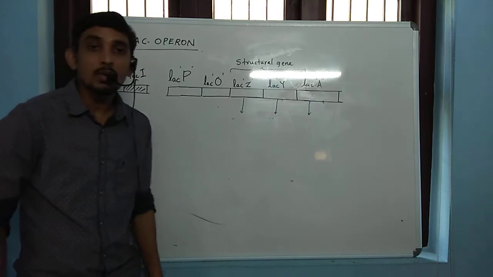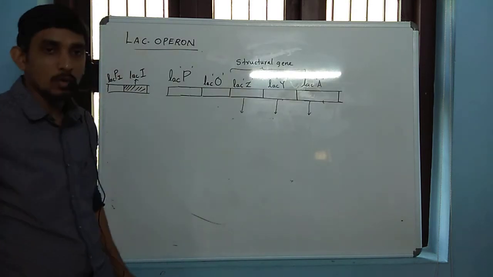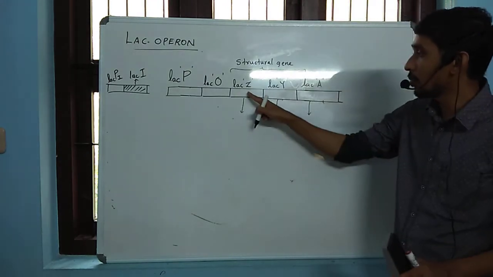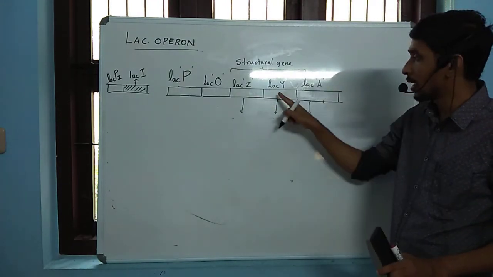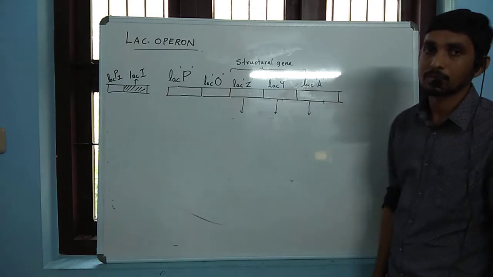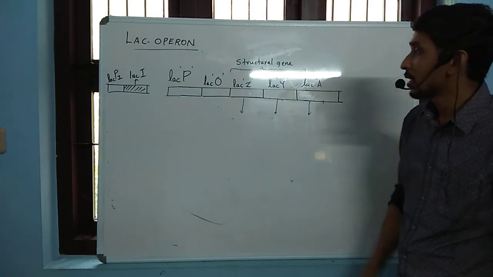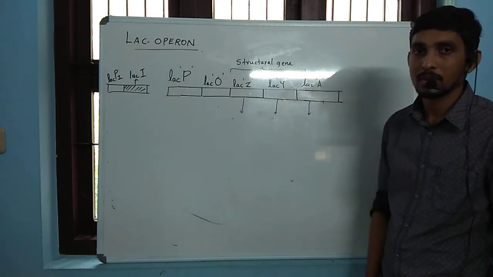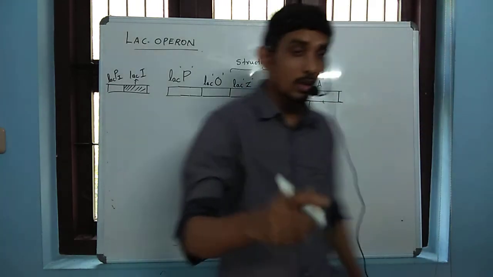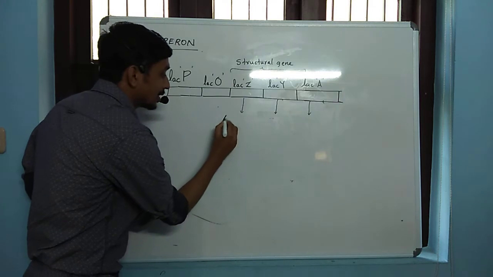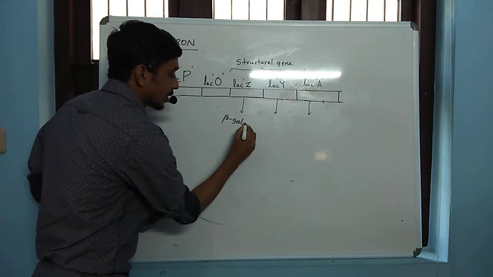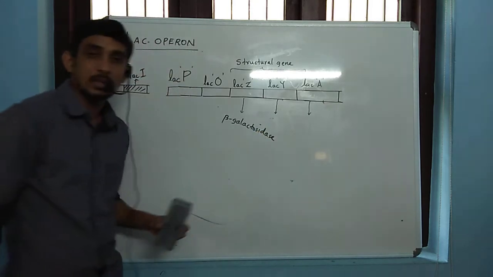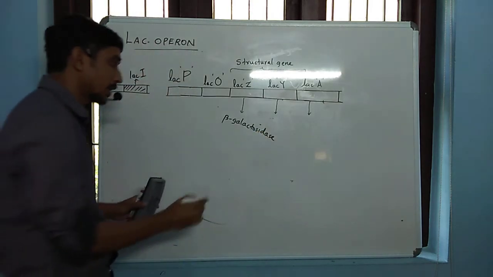Now coming to the structure of the lac operon, it consists of three structural genes, namely lac Z, lac Y and lac A. The lac Z gene produces an enzyme called beta-galactosidase.